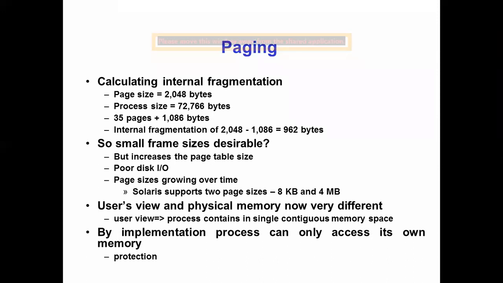You will feel that all the pages are collected and we are using only this much part of the memory. That is called a single contiguous memory, because you do not judge how many pages are used by your program or process. So this is called the user view and the physical memory.